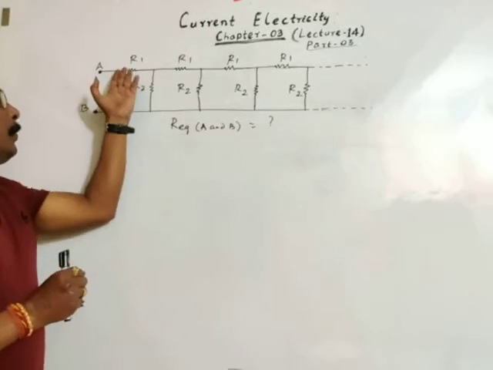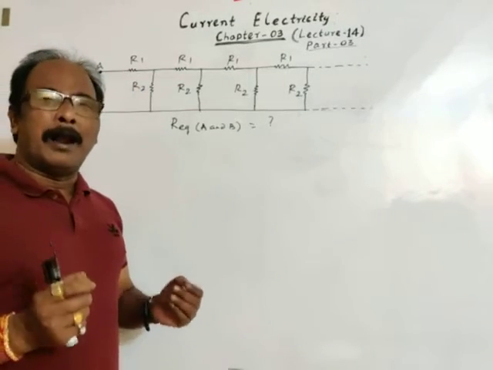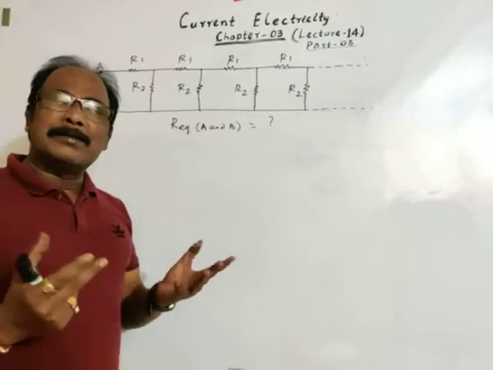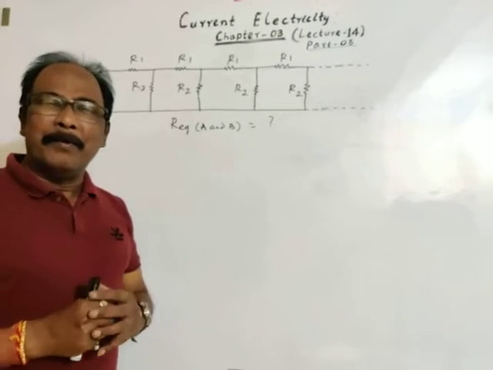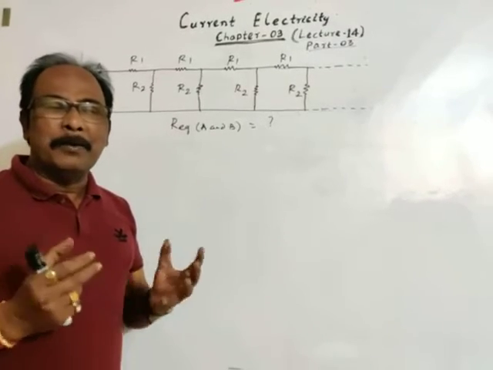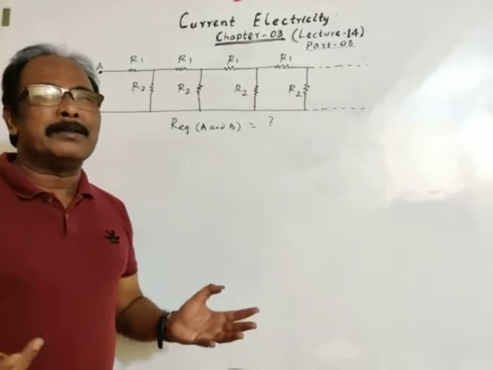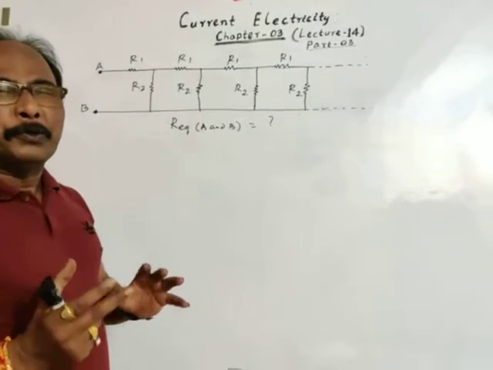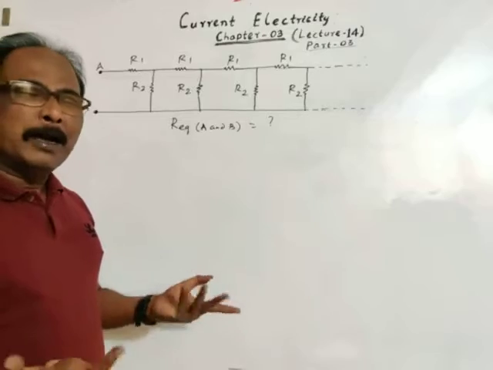I have taken R1, R2. We may assign any value of resistance, for example R1 is 1 ohm, R2 is 2 ohm, R1 is 1 ohm, and so on.